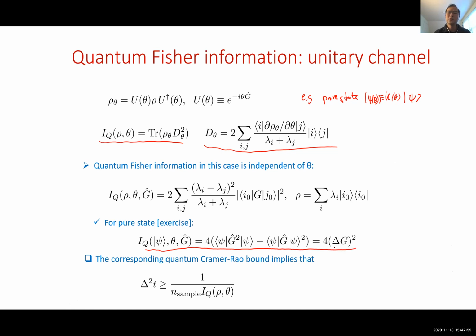It's actually the generator, which is Hermitian here. It's actually the variance of the generator, defined this way. And from there we can immediately use the bound to estimate the uncertainty when we are measuring the angle.